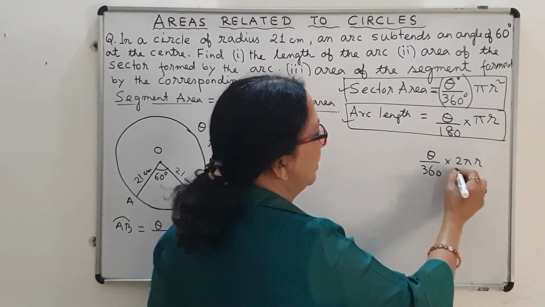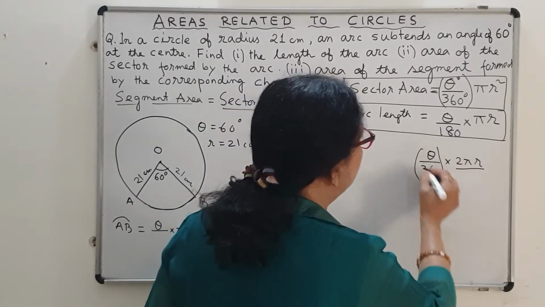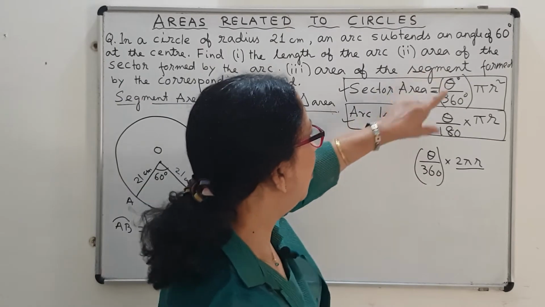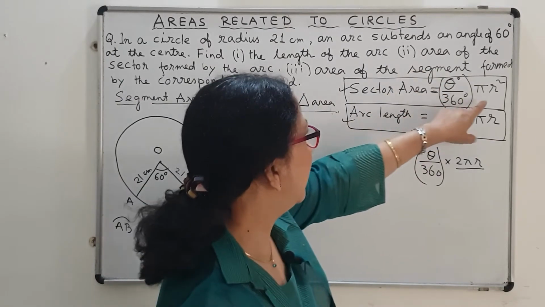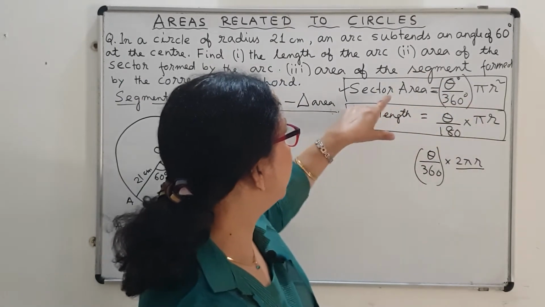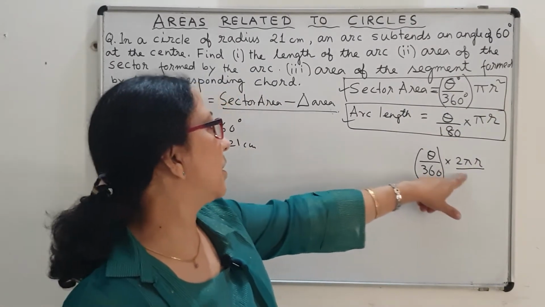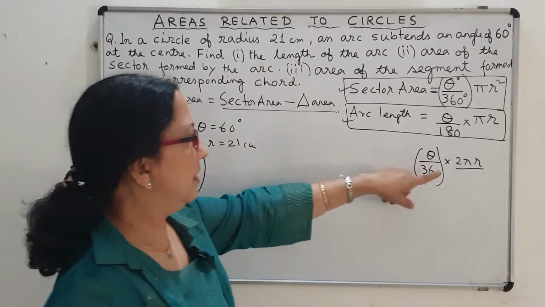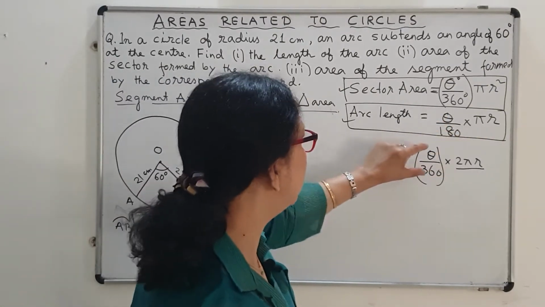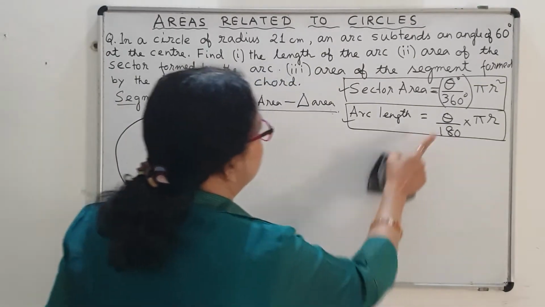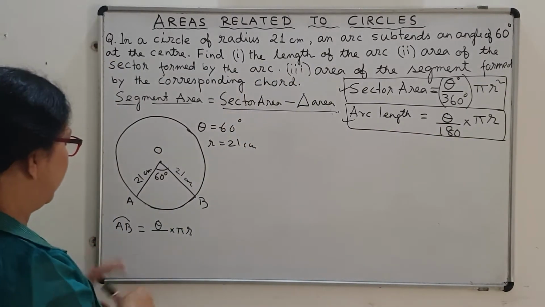So in this way you can very easily remember: sector angle by 360 is a fixed ratio with which I multiply the area of the circle for sector area, and the circumference of the circle for arc length. After cancelling, I am getting this simplified form, so 180.